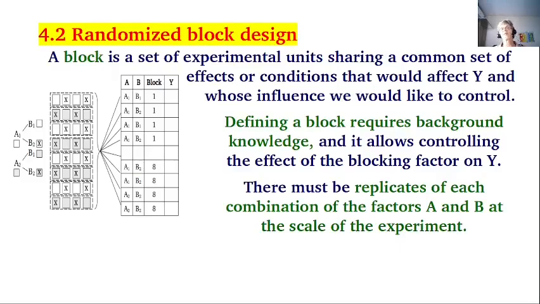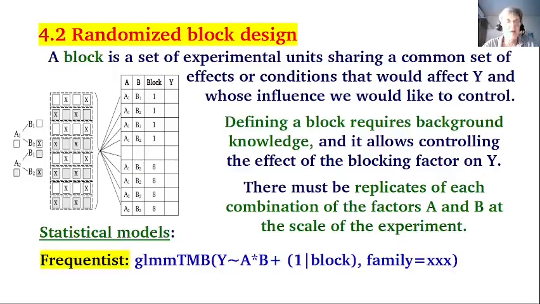So there must be replicates of each combination of the levels of the factors A and B at the scale of the experiment, not necessarily at the scale of each block. For the statistical models, here I use the package GLM-TMB because this allows fitting just about any of the probability distributions associated with the response variable that we have been talking about in this series of videos. Here we have the factors A and B in interaction.